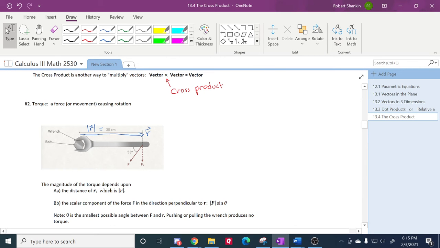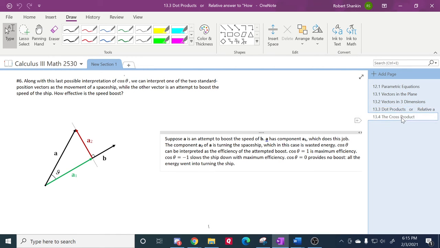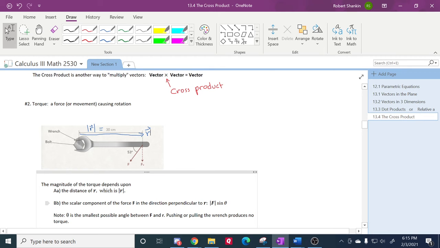When we took the cosine of the angle, we wanted the direction that was the same as this. But if we'd taken the sine of that angle, we'd have gotten the perpendicular component. And that's what we're doing over here: the magnitude of F times the sine of theta.